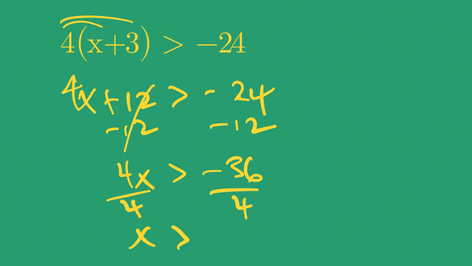Negative 36 divided by positive 4 is negative 9. Okay? So this ends up being values that are greater than negative 9.